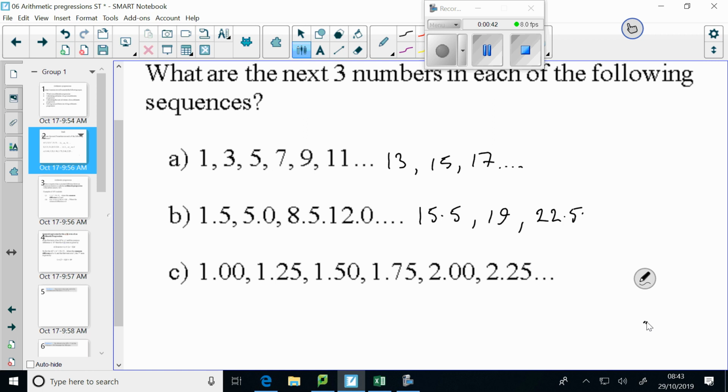Yeah. So here we are. What are we doing to this? Plus 2. This one, plus 3.5. And down here the next three are 2.5.